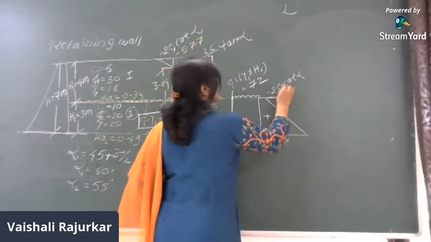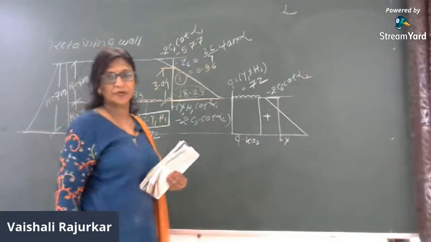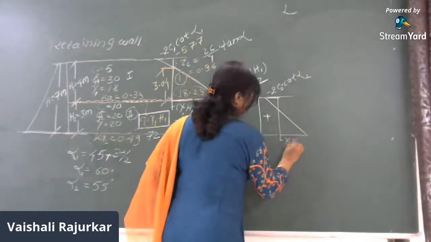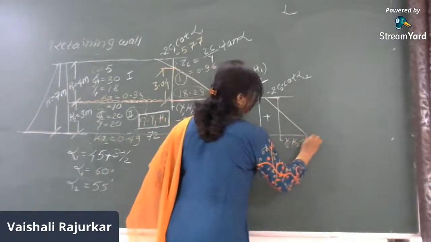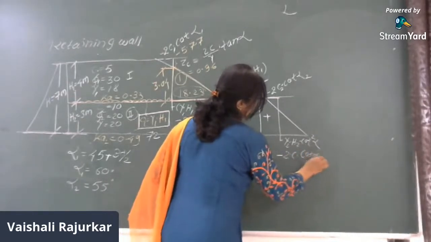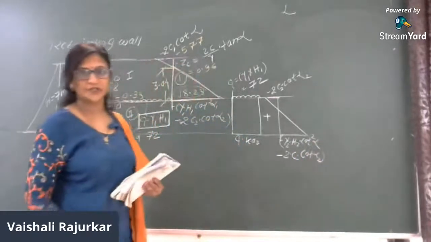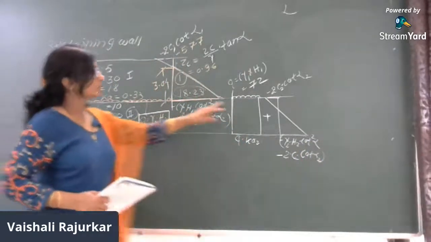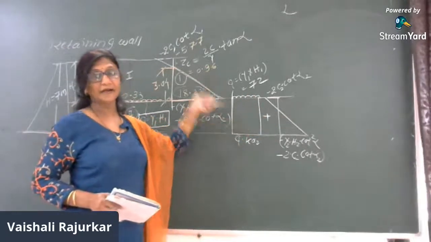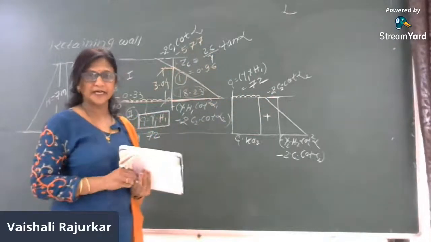Now in this case c2 and alpha 2 are taken into consideration because we are considering this for the bottom layer. So it will be gamma 2 into h2 into cot square alpha minus 2c cot of alpha 2. So in this case this is the pressure. Now again these are the two diagrams which we will combine, and the combined diagram we will consider to calculate the earth pressure for the second layer, right?